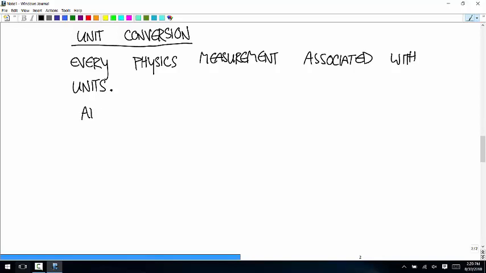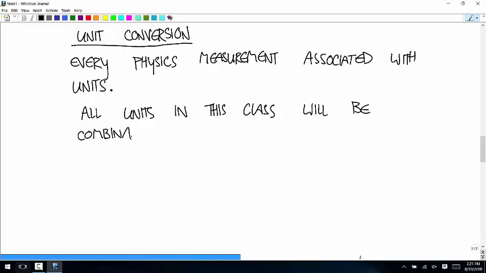All the units that we're going to use in physics, well, in this class at least, there are a couple more types that we're not going to use, but all units in this class will be combinations of 3 basic types.